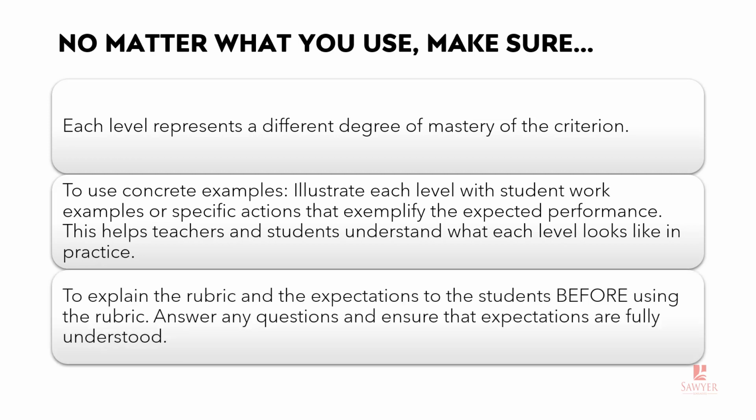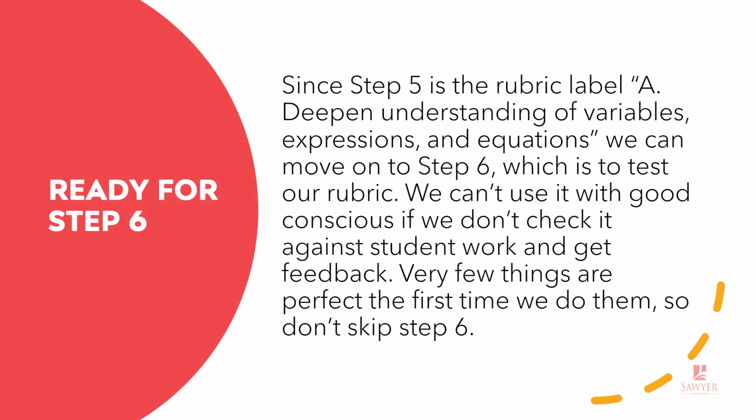And then, of course, make sure that you explain the rubric before using it. Don't just all of a sudden ask your students to do something and then give them a grade based on a rubric that they've never seen. That's kind of rude. I know none of you would do that, but I have to put it in there anyways.